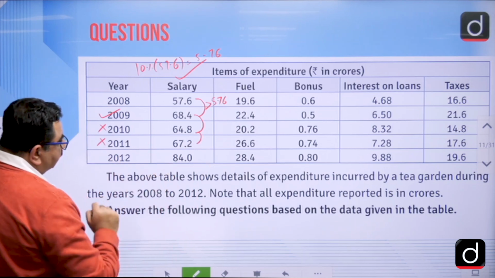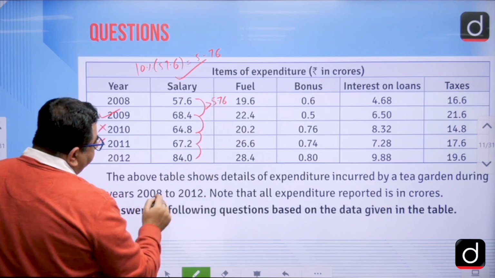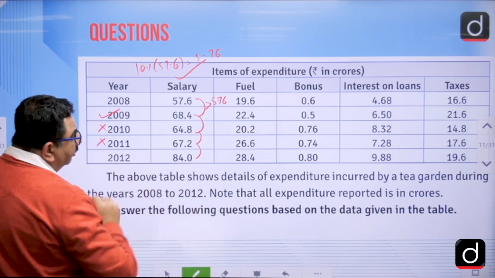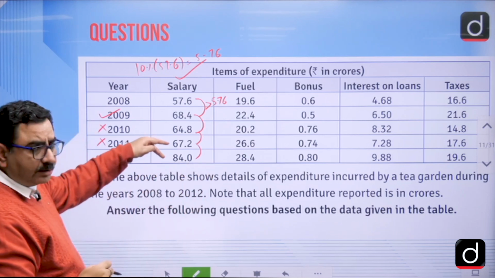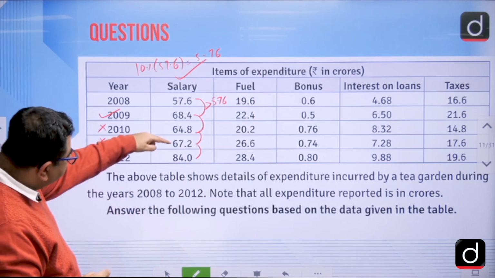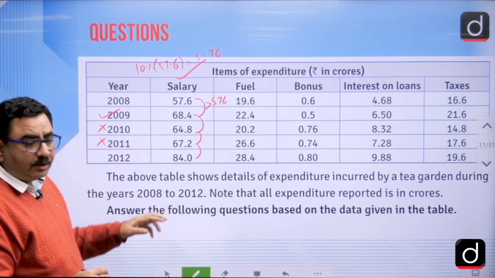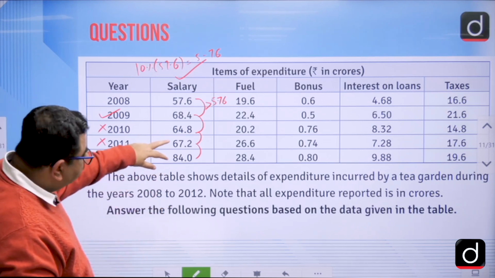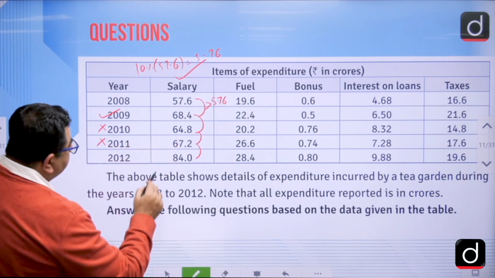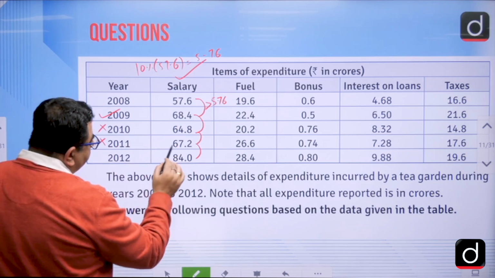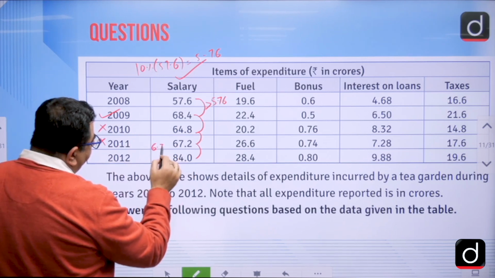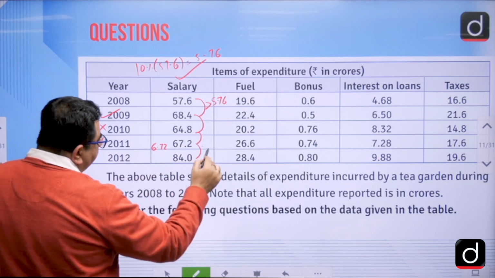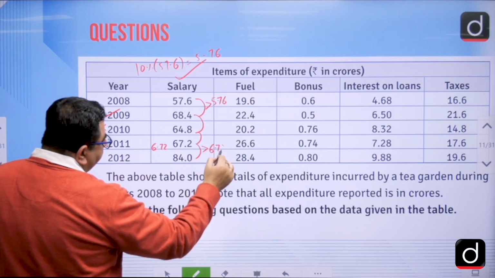Now we'll see the last. Now here if we see 67 to 84, there is a huge increase, right? Can I say 67 to 84, there is an increase of near about 14, right? And what is the 10% of 67.2? That is 6.72. So this increase is more than 6.72.